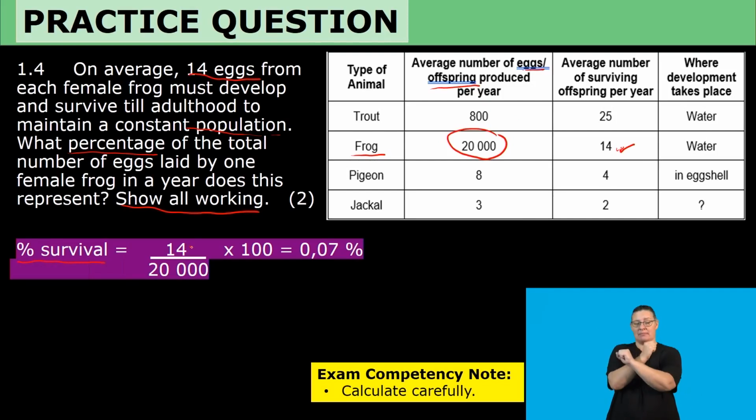That's 14 divided by 20,000. But because we are looking for percentage, you must multiply by 100. And our answer is 0.07%. Learners, don't forget to add units. You see, we've got percentage that is added here. As much as this was part of the question, sometimes you get a mark for including the unit.